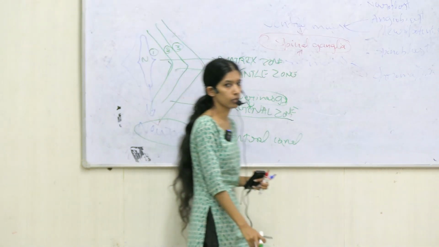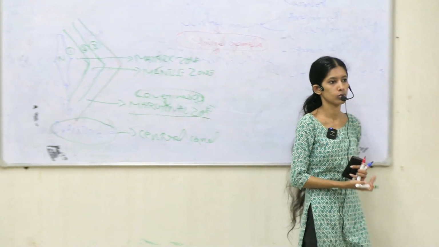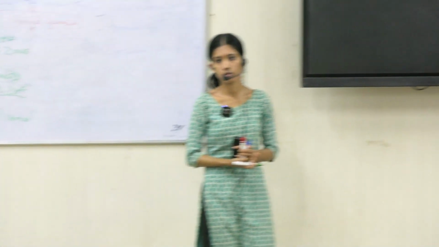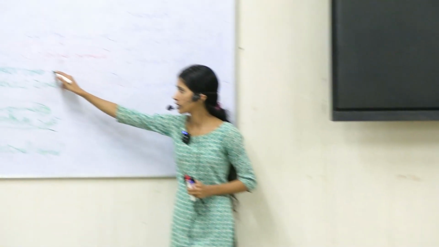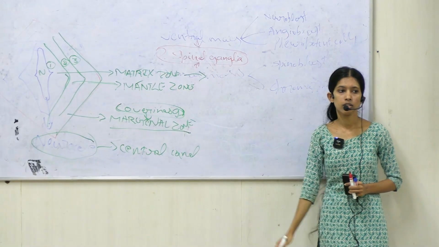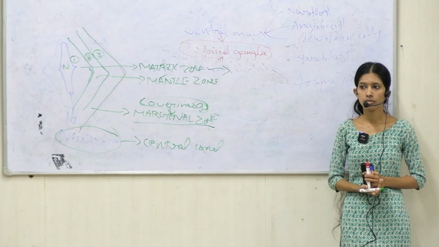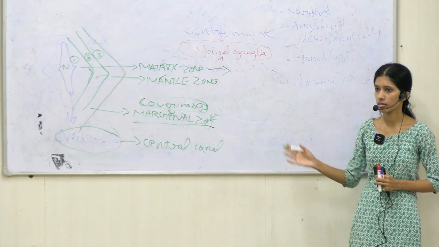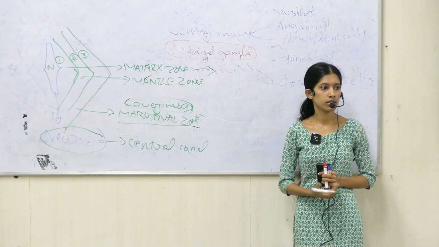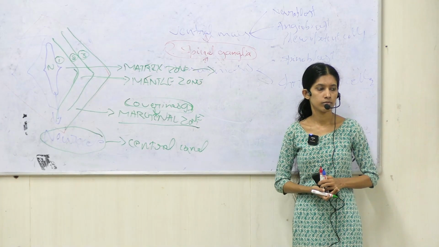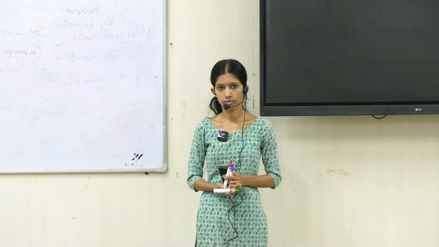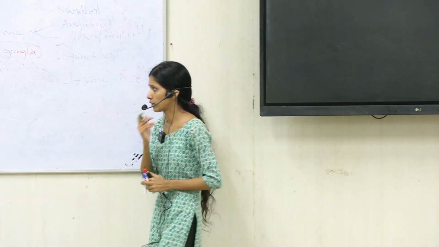Okay, so now tell me which one will develop into white matter and which one will develop into grey matter. Matrix is the innermost one, so from that we can see grey matter. What you guys have studied in the spinal cord?